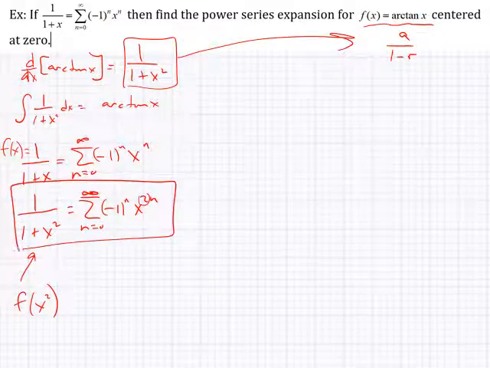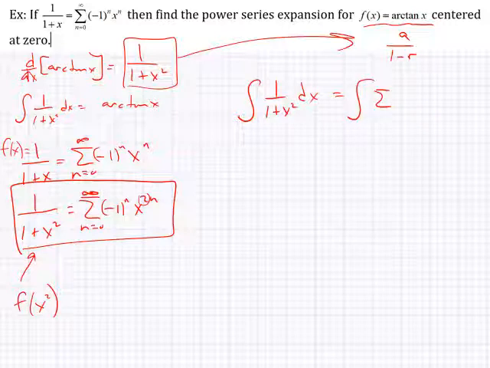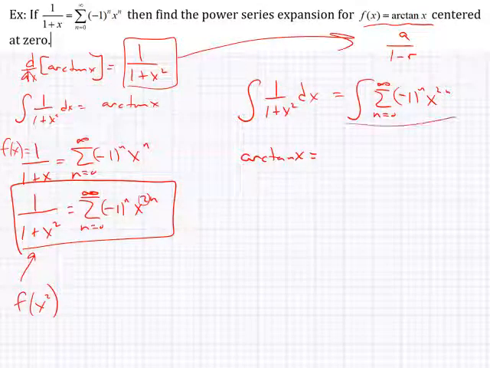Then knowing this, we could say, well, then the integral of 1 over 1 plus x squared dx should be equal to the integral of the sum of n equals 0 to infinity of negative 1 to the n, x to the 2n. And the integral of 1 over 1 plus x squared is arctan x. So the power series for arctan x should be whatever the integral of this series is.